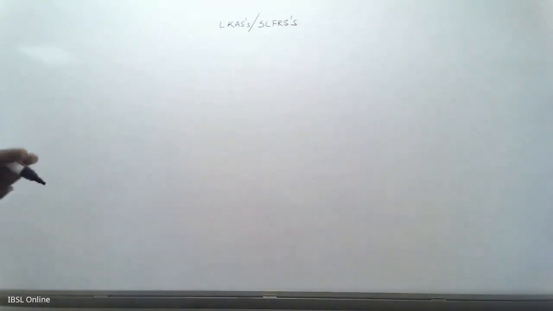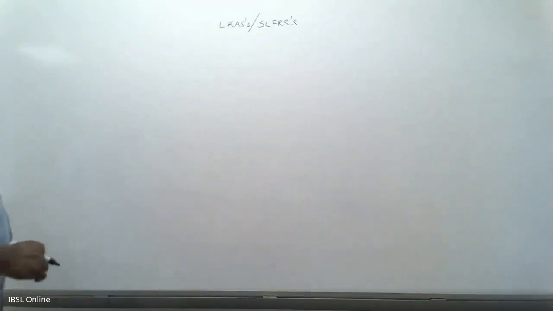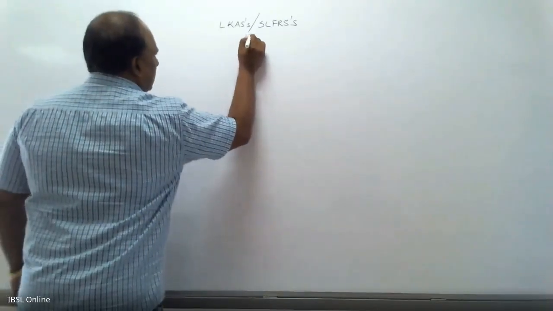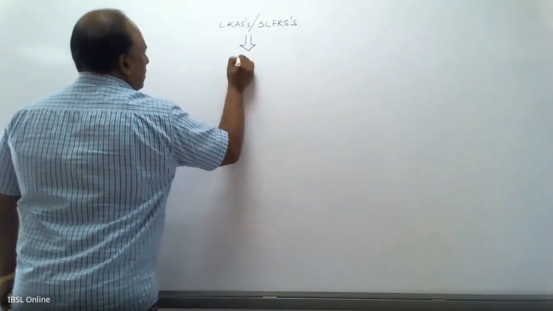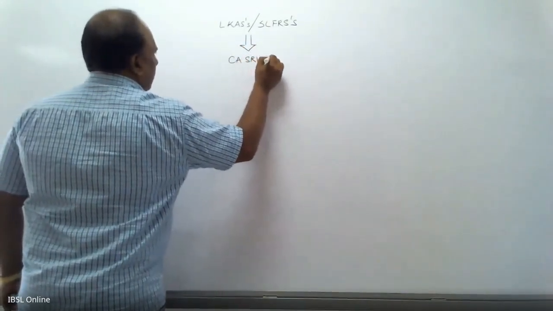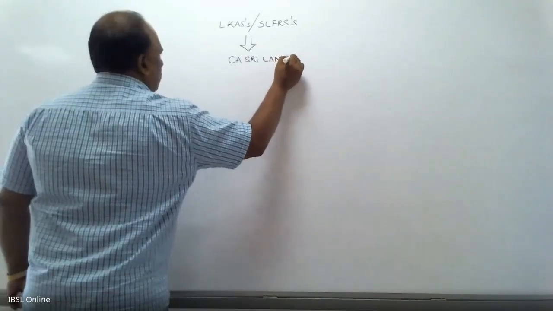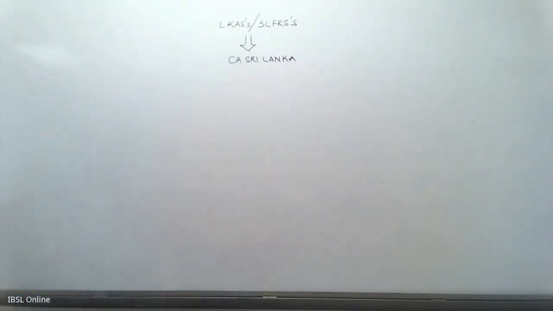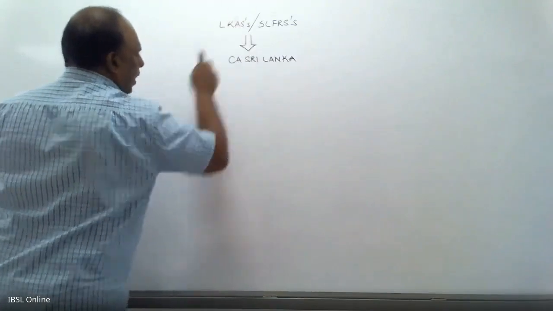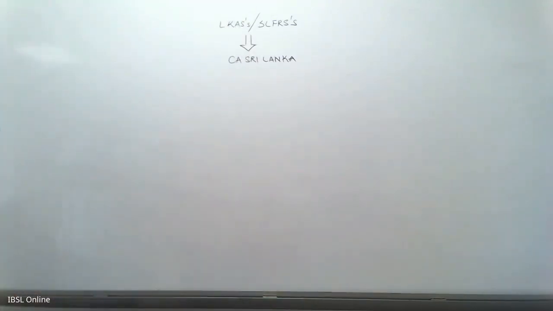One of the important accounting standards is SLFRS 9, which we are about to learn. So the financial statements are prepared based on these two accounting standards. Who does this? This is by CA Sri Lanka. They are the ones who govern the accounting standards to be used in Sri Lanka. So the Chartered Institute of Sri Lanka is the authority who drafts these accounting standards for us to be used in preparing financial statements.